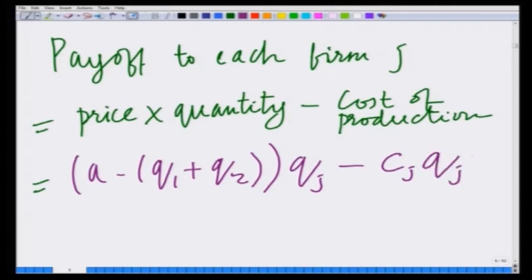The payoff to each firm j is A minus (Q1 plus Q2), which is the price, times Qj, the quantity, this is the total revenue, minus the cost, which is Cj times Qj, where Cj is the cost per unit to firm j. Now, what we want to do is find the Bayesian Nash equilibrium of this game.